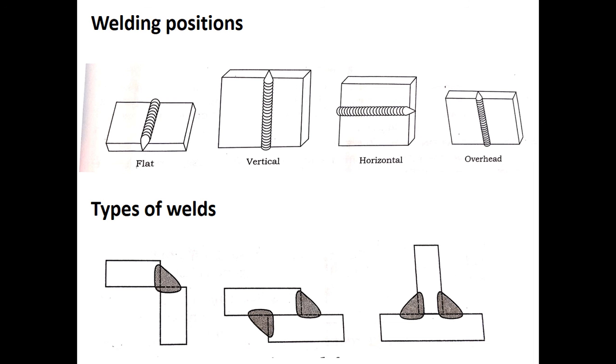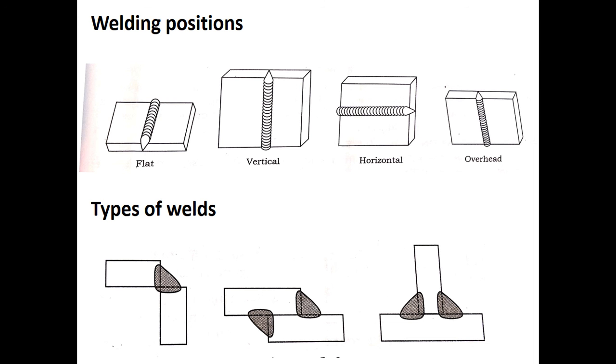The advantage of using this is that minimum edge preparation is needed and the filler metal is used to create the cross-section of approximately a right angled triangle. That is what is shown in this picture. You can see a corner, lap and T-joint made by fillet weld shown in this picture.